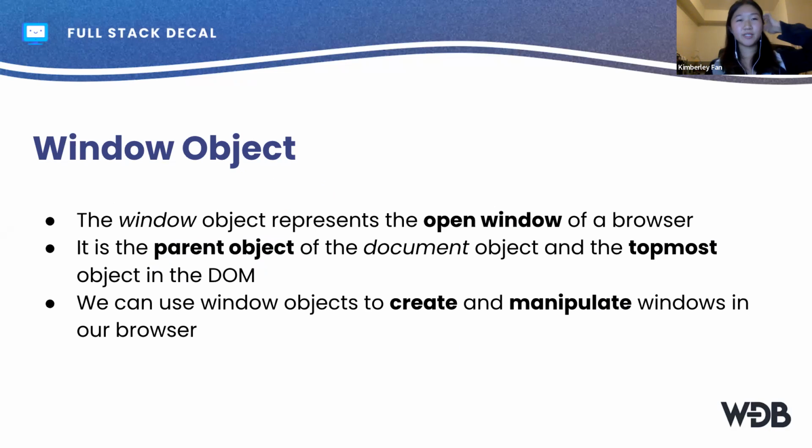The window object is basically literally your window. A lot of the times you want to focus on a certain window, you want to resize a certain window. I feel like nowadays it's not very likely for you to resize a window, but it's just good to know that that does exist and that it is top of the whole DOM tree. So yeah, it just represents the open window of a browser. And you can use window objects to create and manipulate windows in our browser.